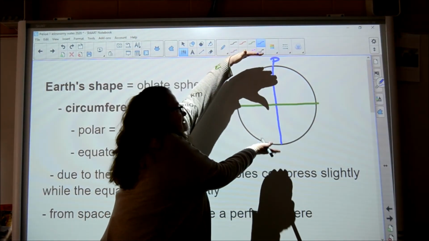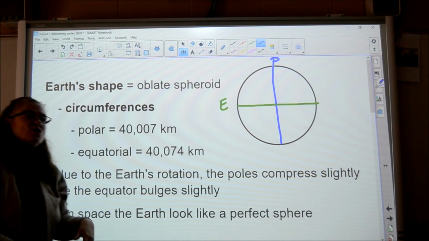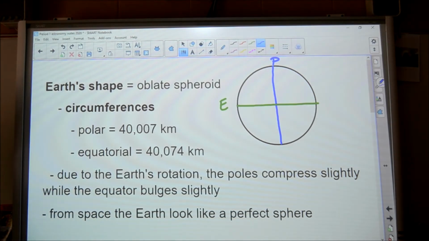So I did this. Put a little pressure there. What you would notice is the top and the bottom of it get closer together, which causes the center to bulge slightly, or the equator to bulge just slightly. That has to do with the Earth's rotation.